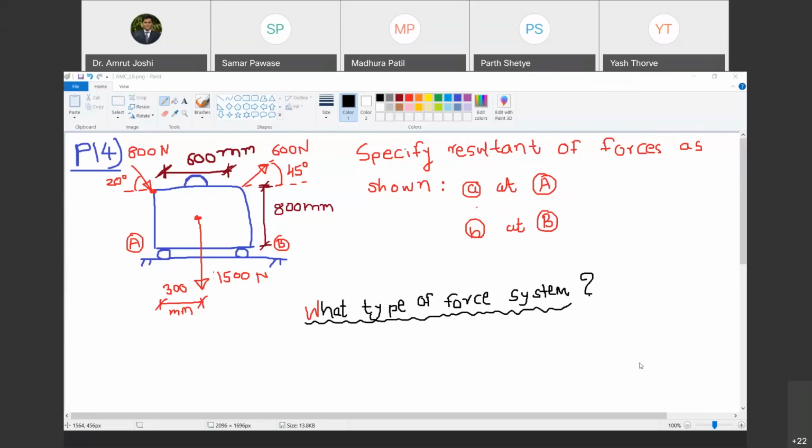Ashutosh, can you unmute yourself? Ashutosh Raj, am I audible? Hello. Yes, sir.